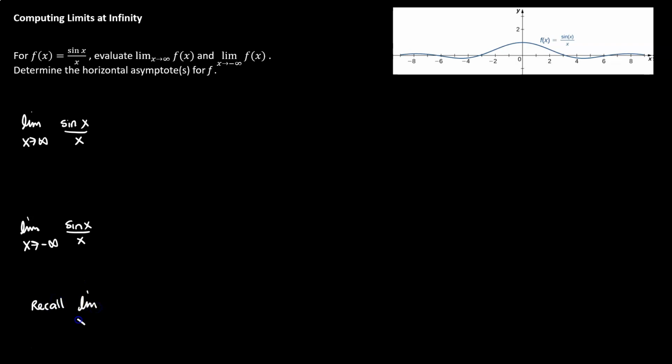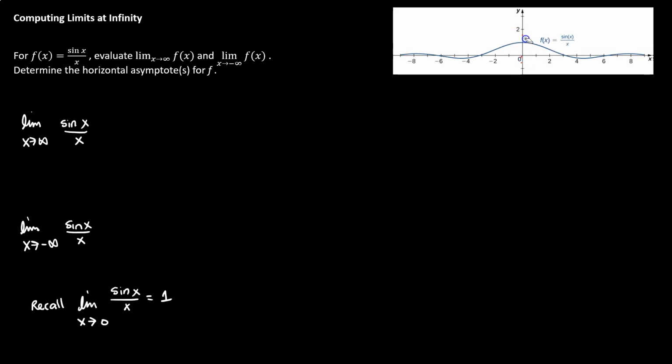Before, when we talked about this function, x was not approaching infinity, x was approaching 0. And we said that the Squeeze Theorem showed us this limit is approaching 1, which we can definitely confirm on our graph. Around x equals 0, our function is approaching 1.